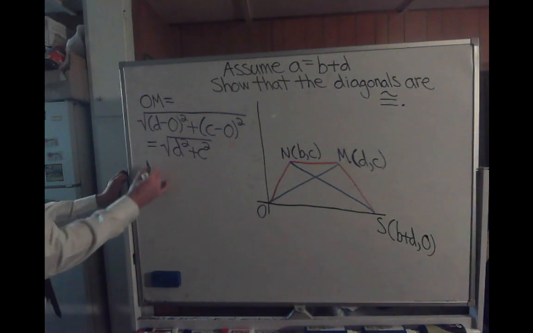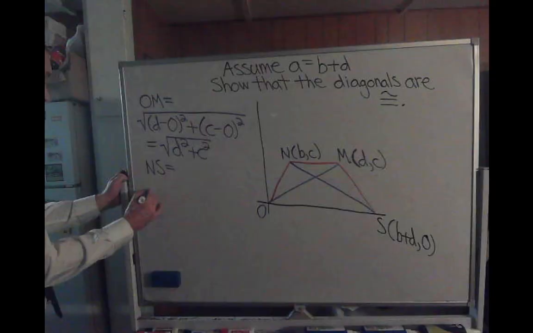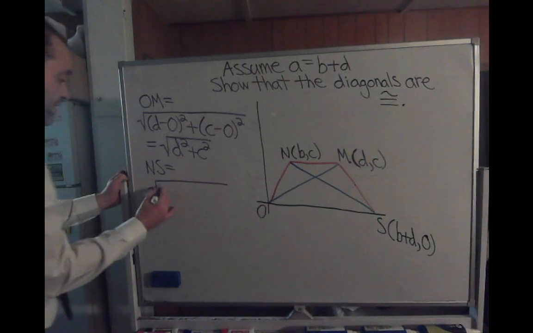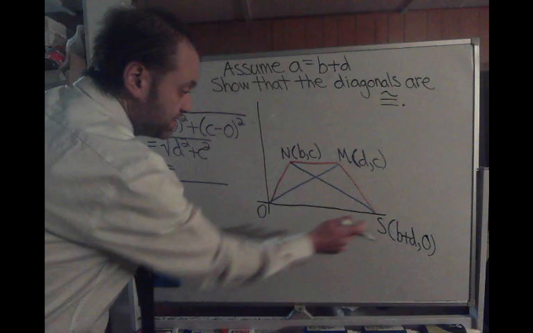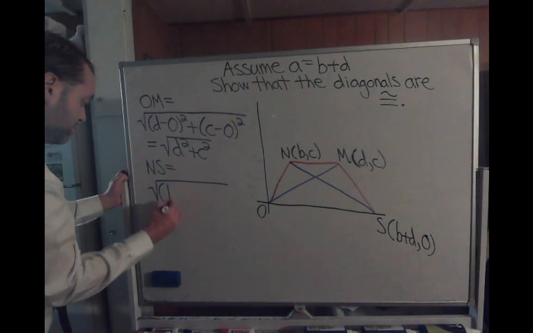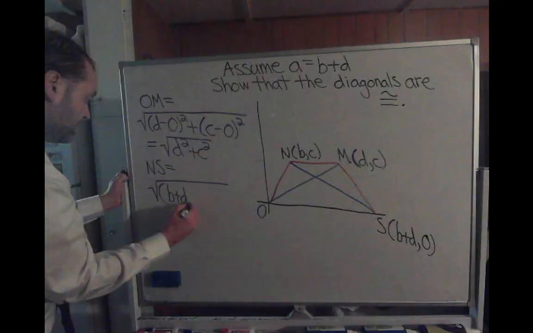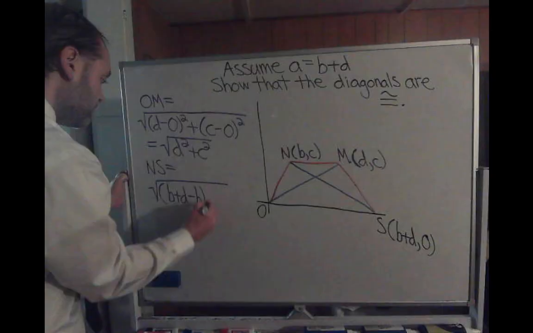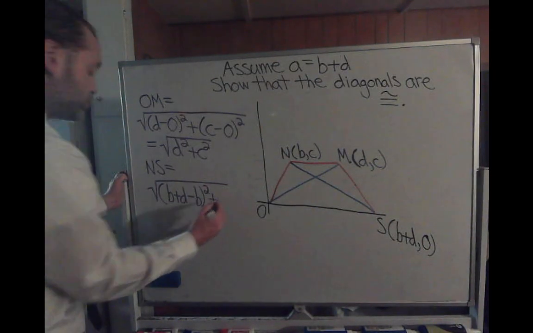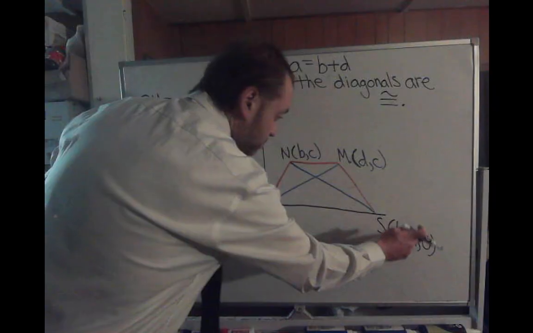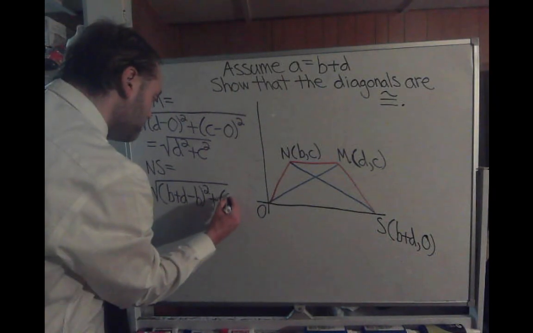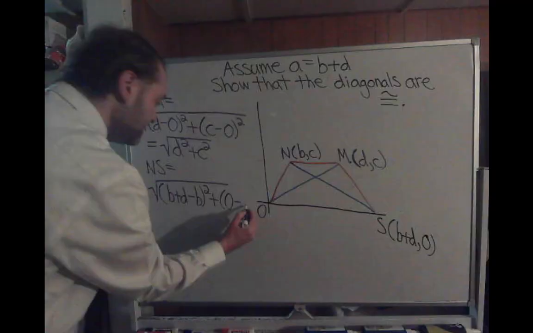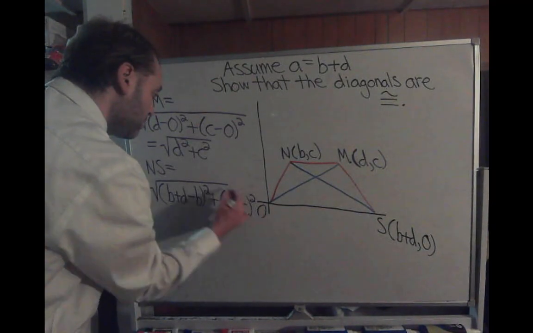Find the length of diagonal NS, just take your distance formula. So you'll have the square root of x2, which would be B plus D, minus your x1 of B, raised to the second power, plus your y2 of 0, minus your y1 of C, raised to the second power.